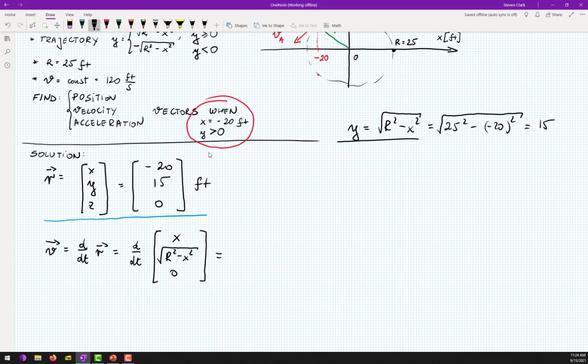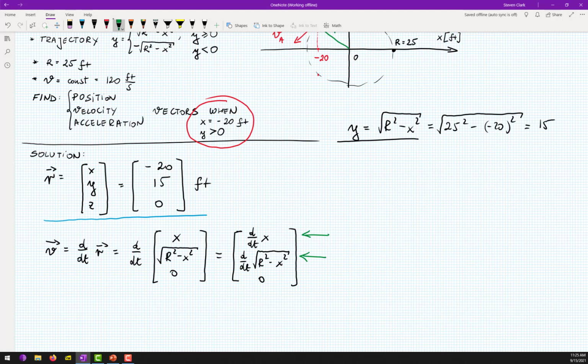I believe I can enter with the derivative inside the vector: d dt of x, d dt of the square root of r squared minus x squared, and 0. Okay, guys, so in order to find the velocity vector, we must find these two things.